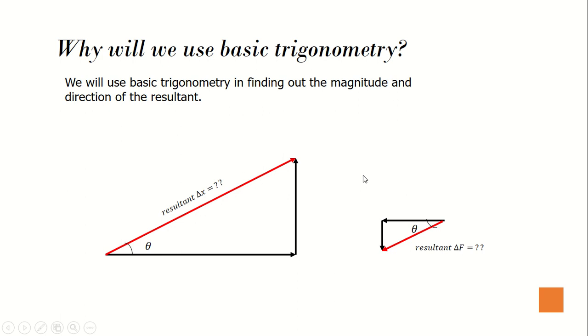So since they are right angle, the basic concepts in trigonometry can be applied in solving for the resultant. And remember, when we are referring to the resultant, we want to get both the magnitude and direction of the resultant. So in the next video lecture, I will be showing you how to do that.